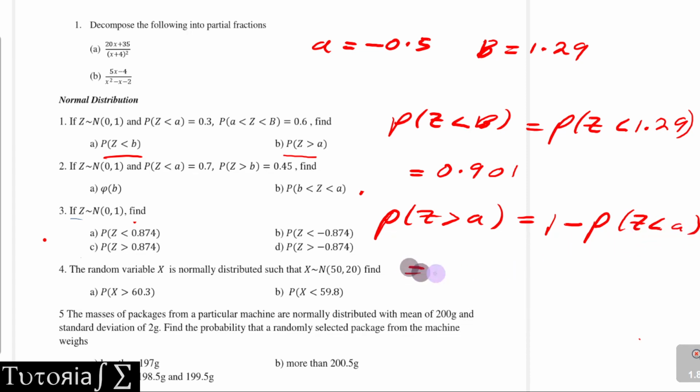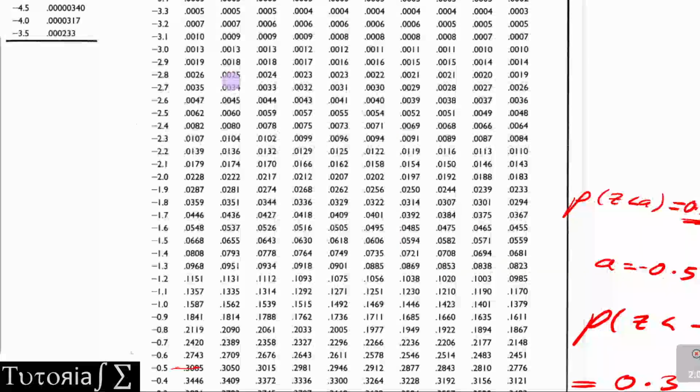So this is, you're looking for 1 minus probability of Z less than, our A is negative 0.5. So now you go on ahead and look for 0.5 on the table. So that is 1 minus, so we look for Z less than negative 0.5 on the table.